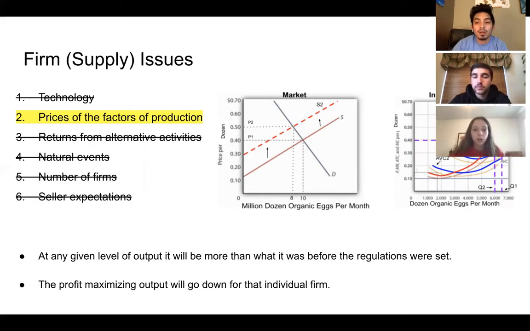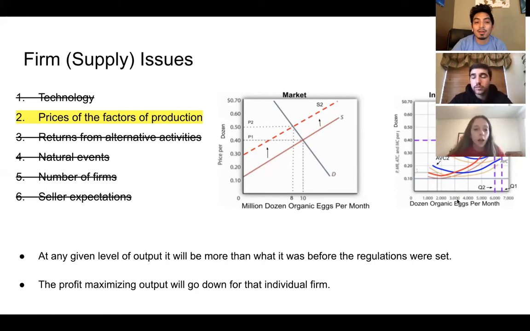So the marginal cost will go up, and the average total cost and the average variable cost curves are also shifting up. And then the profit maximizing output is going down from quantity 1 to quantity 2, which is the shift from 6,800 to 6,000 for that individual firm, as you can see on the graph shown.